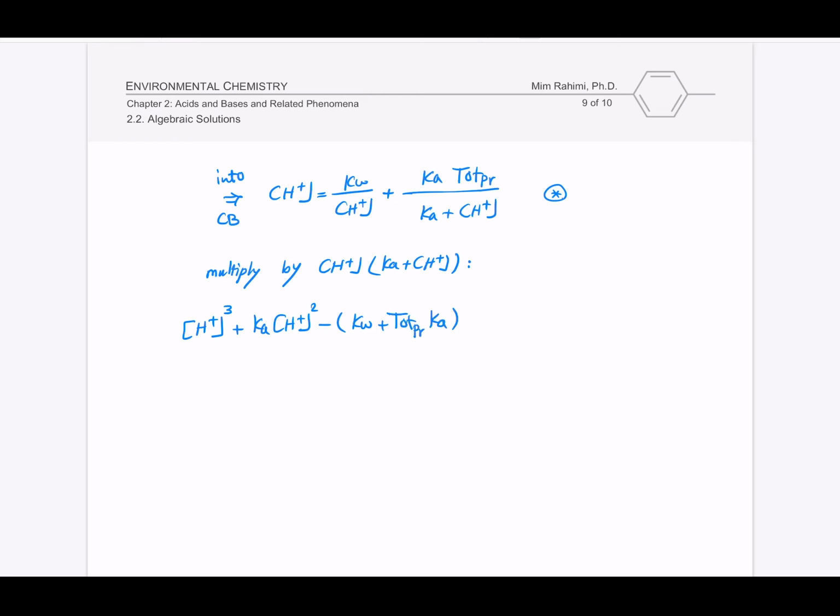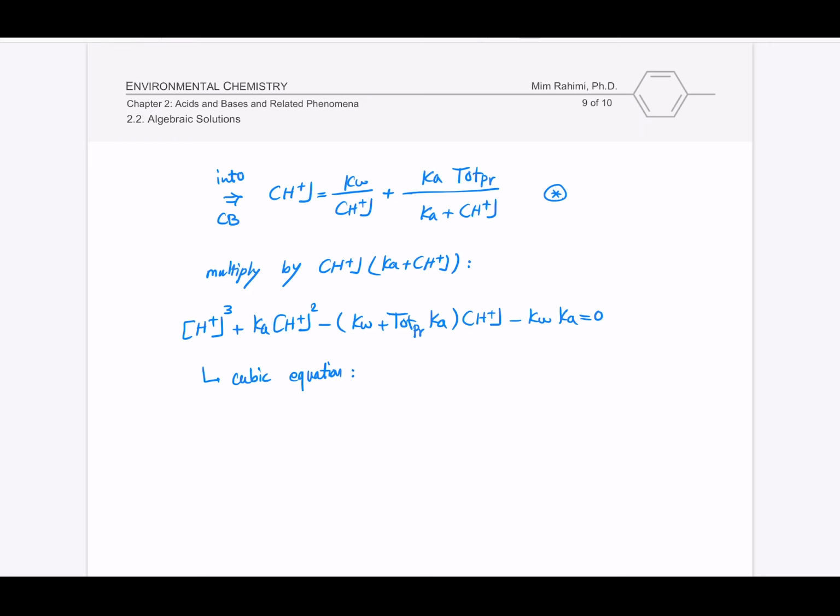So this total PR is that total HPR, because it's 1-to-1, so that's why we're using this total PR here. So this is a cubic equation.